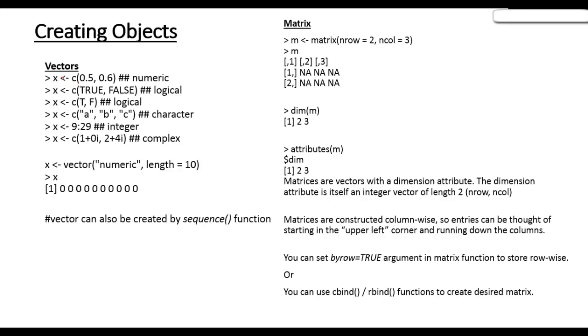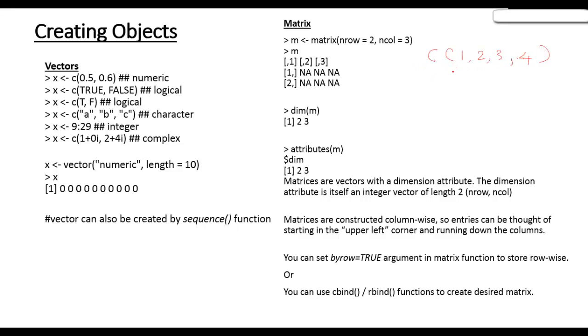The creation of a vector can be done in several ways. You can use the function c and separately give the arguments, let's say 4. Okay, so that's how you can create a vector.